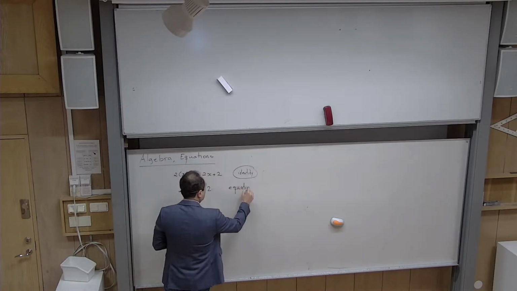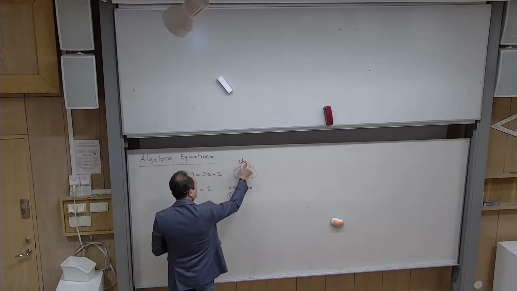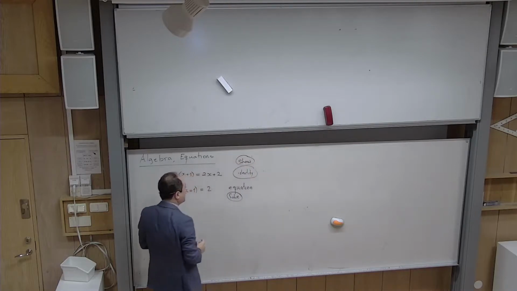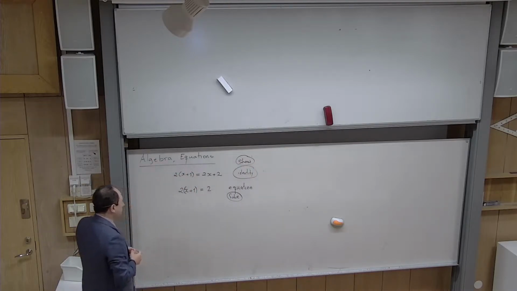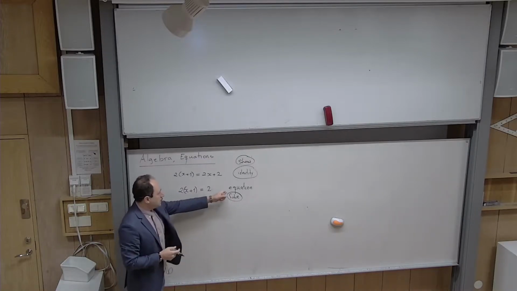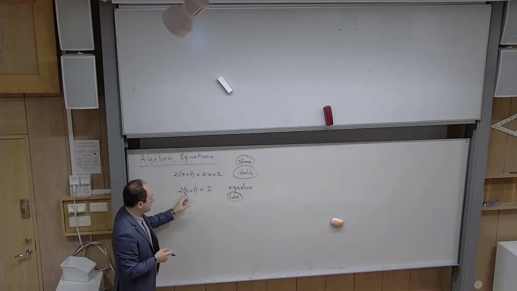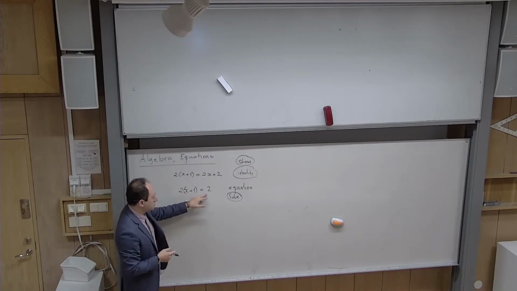I want to solve an equation. Here I want to show an identity. So that's the difference. And I need you to know the meaning of solving an equation. When I say an equation, you expect to see an equality sign with some unknown variable, but you know that it is not always true.